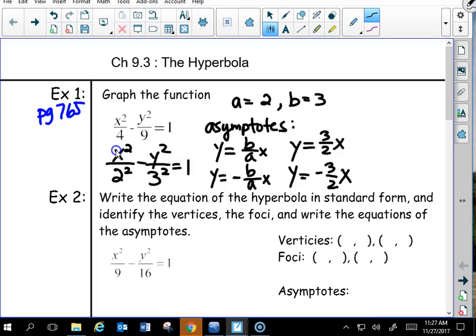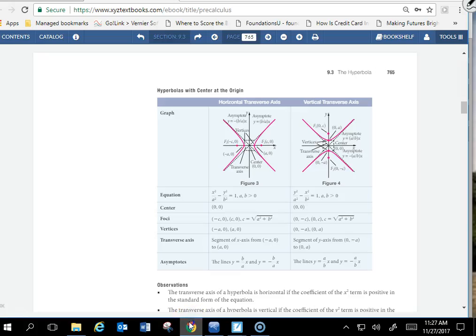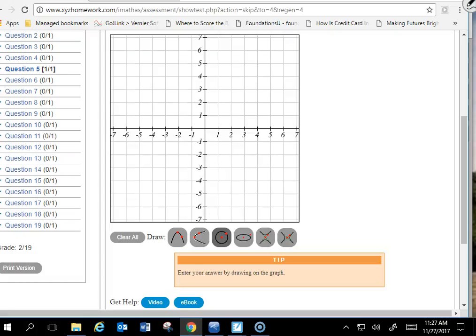Okay, so here's how we're going to graph this hyperbola. Because our vertices intersect parallel to the x-axis, we're going to pick that far right hyperbola. We're going to put a point at the origin. And now I'm going to graph a line of 3 over 2.